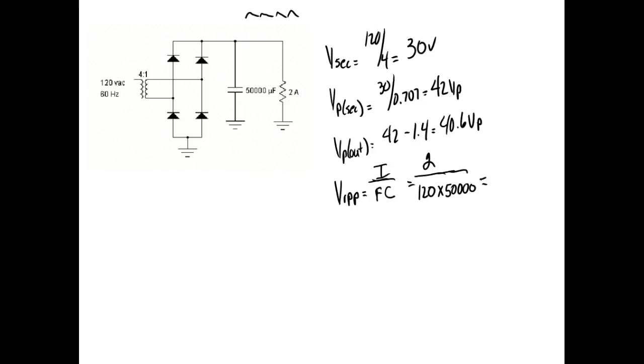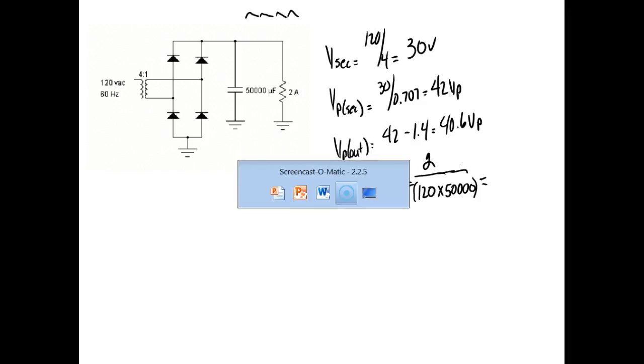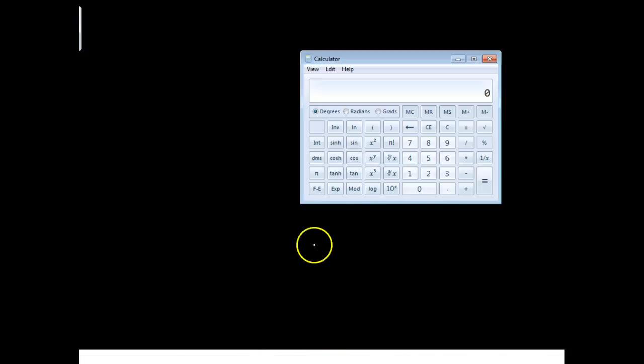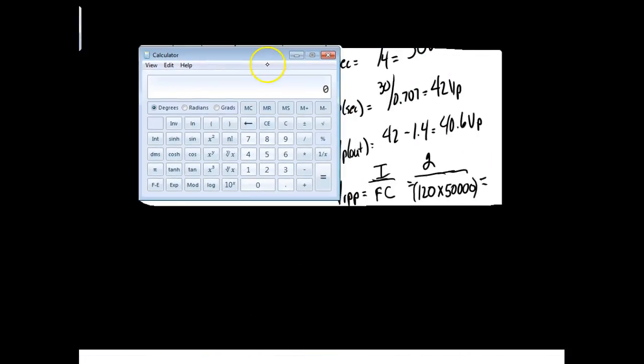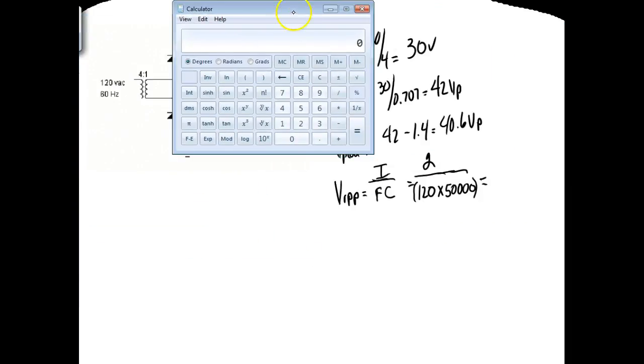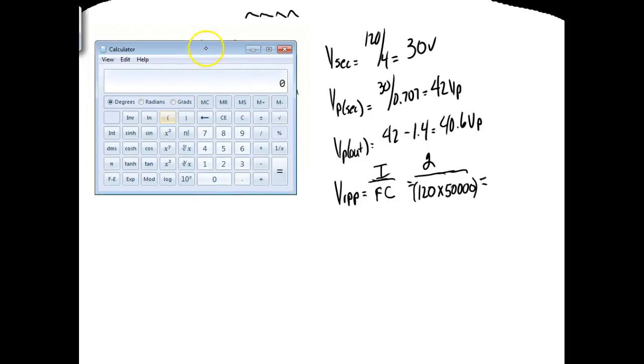So what's my ripple voltage peak to peak? Down here, you're probably going to have to use parentheses on your calculator, right? You'll need to understand that, because if you don't use parentheses, you're going to end up dividing 2 by 120 and then multiplying your answer times 50,000. That's not going to give you the right answer. So you need to get used to using the parentheses key on your calculator.